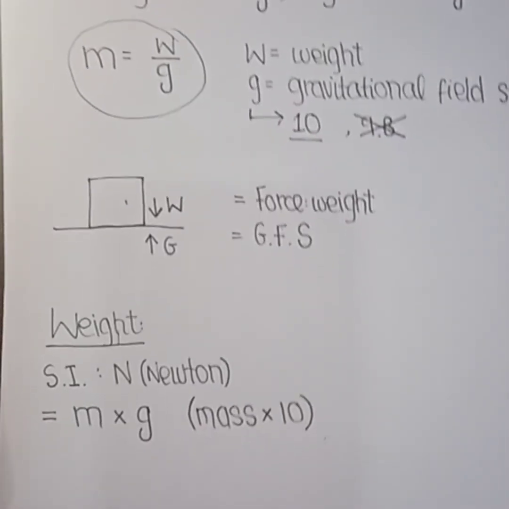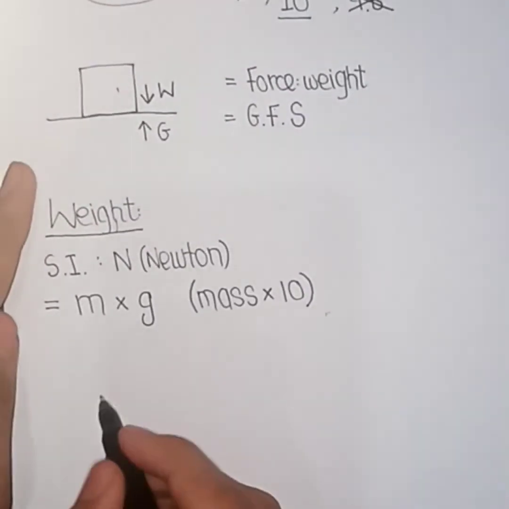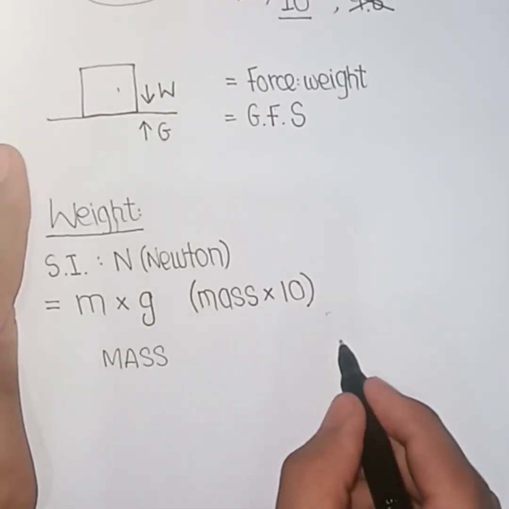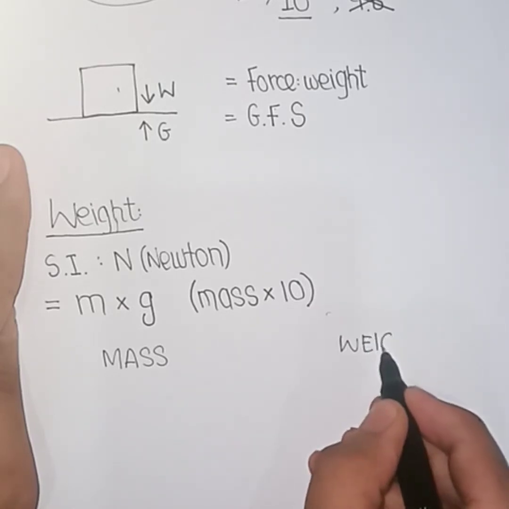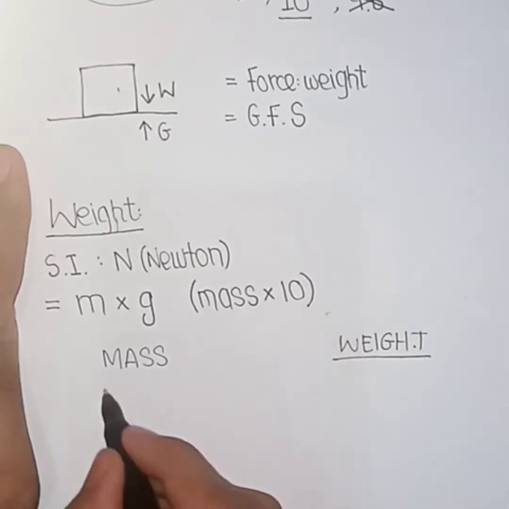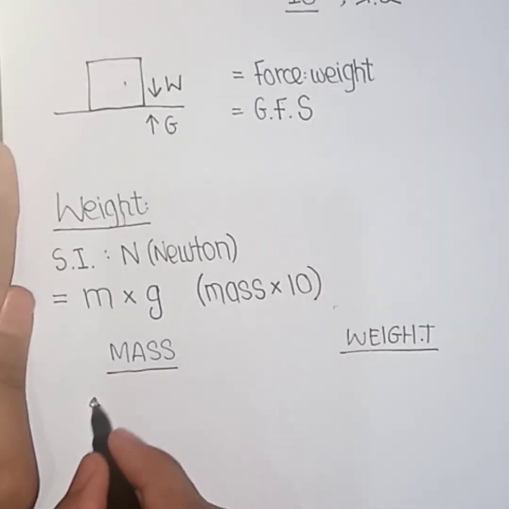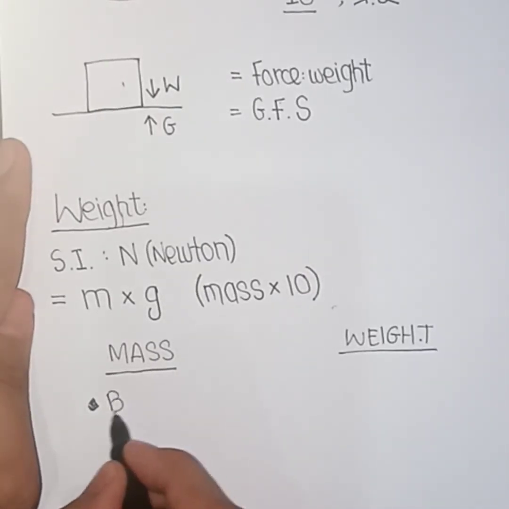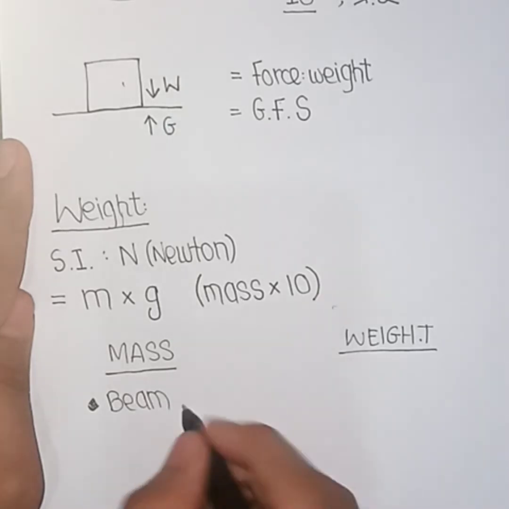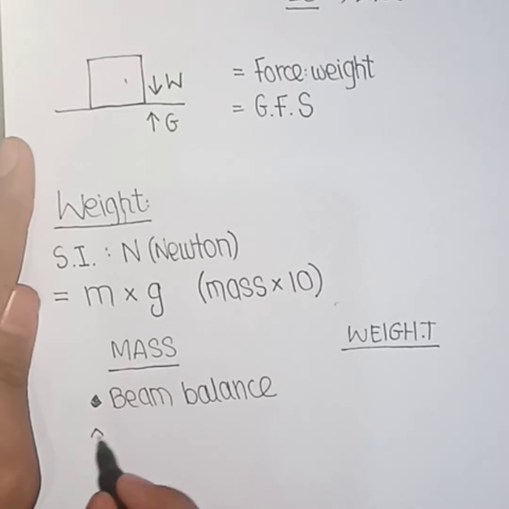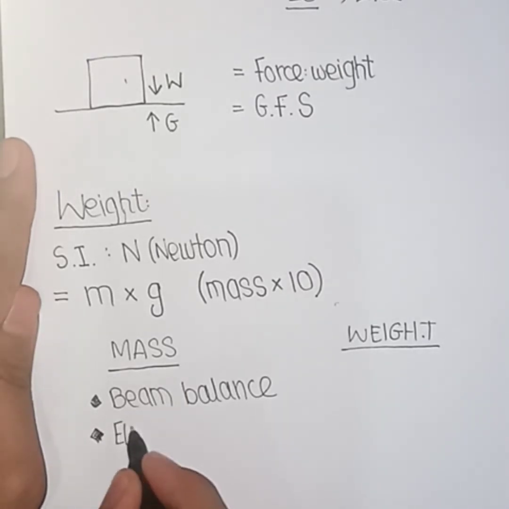Remember one more thing, the apparatus. You also need to understand that this is the mass and here would be the weight. Mass is always measured by a beam balance or an electronic balance.